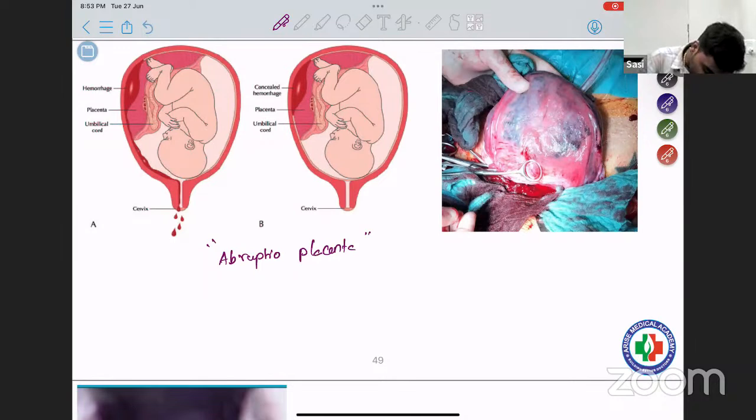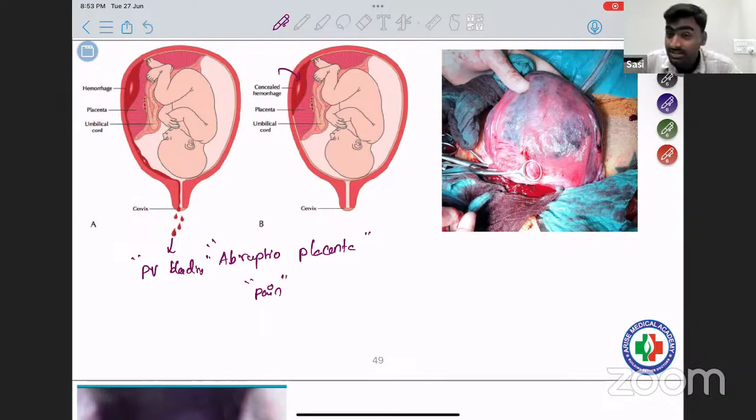There might be a revealed one where you will see perivaginal bleeding, and there will be concealed ones where you will just see the pain, along with pallor which is out of proportion to the bleeding. Okay, this is how abruptio placenta looks like.